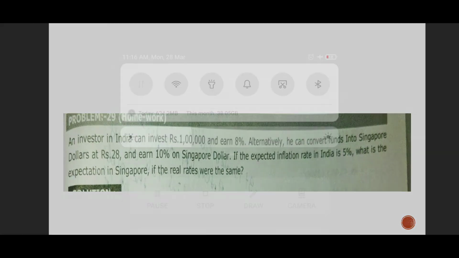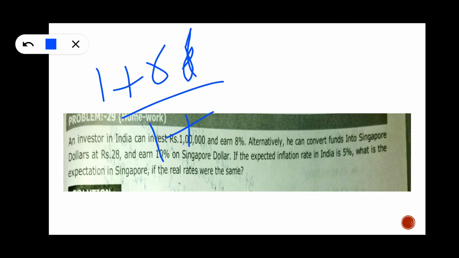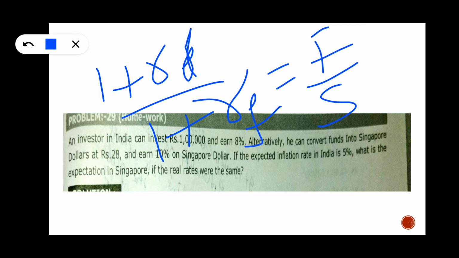Here the interest rate is given, so we know the formula (1 plus RD) divided by (1 plus RF) equal to F by S. RD is 8% in India, Singapore is 10%. So 1 plus 8% divided by 1 plus 10% equal to F by S, we have to find F, and S is 28. And after finding F, we should find the real rates, that means the inflation rate in Singapore.